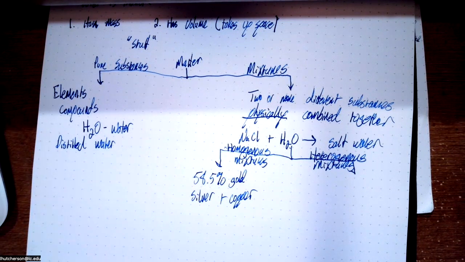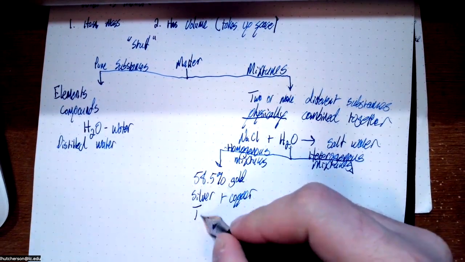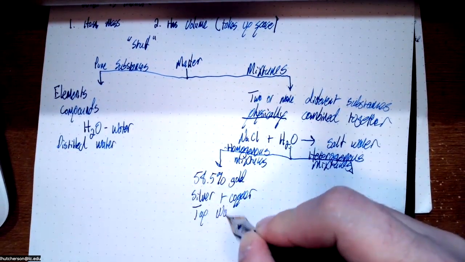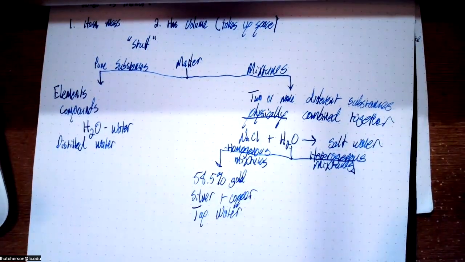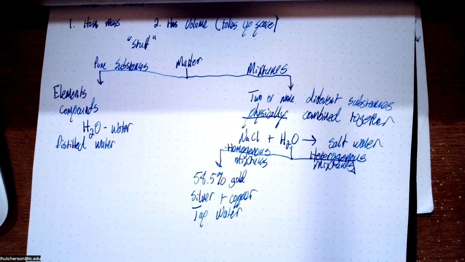It's the same sort of thing if I look at tap water, right? Tap water, that's a very common mixture that's around us, right? Tap water, of course, is mostly H2O, but it contains a lot of things like dissolved minerals, calcium, magnesium. Water treatment plants typically add fluoride ions for your teeth.